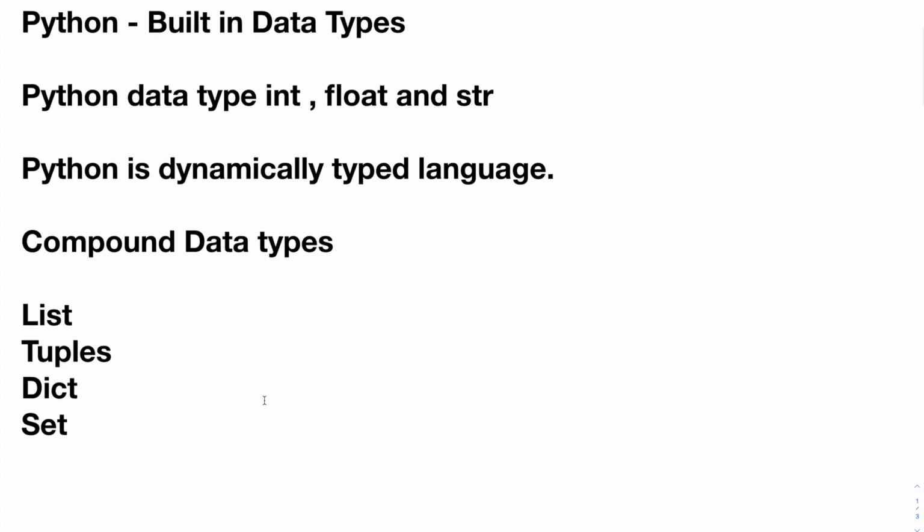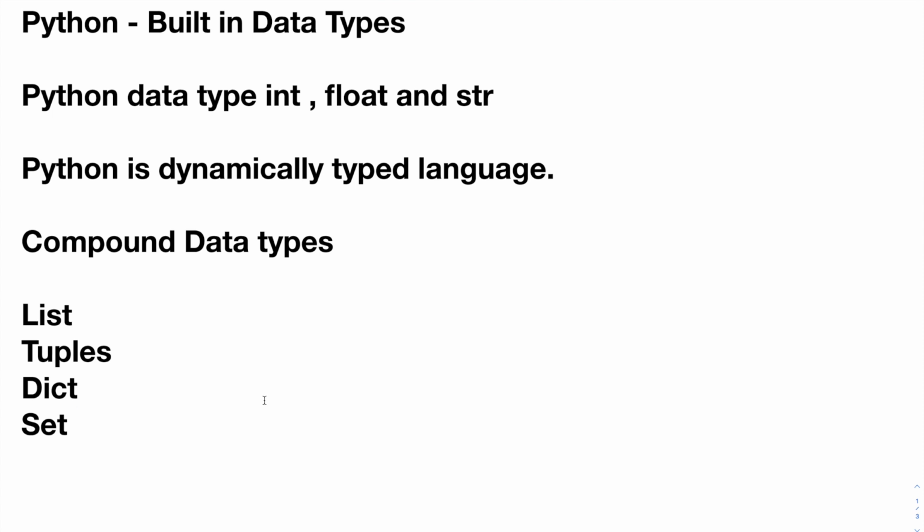These four types of objects in Python we are going to discuss today. They are called compound because they act as data types which store int, float, string, a combination of those, and sometimes they can also store themselves as well. We'll see an example in a few minutes.